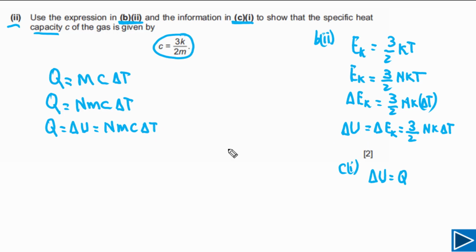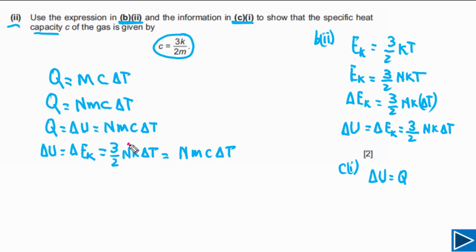But delta U is equal to delta EK. So we can say delta U is equal to delta EK, means increase in kinetic energy, and this is equal to 3 by 2 Nk delta T. Now we can write down this is equal to N m C delta T, and now simply we have to further simplify this.